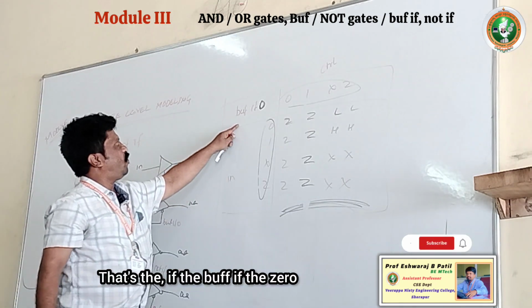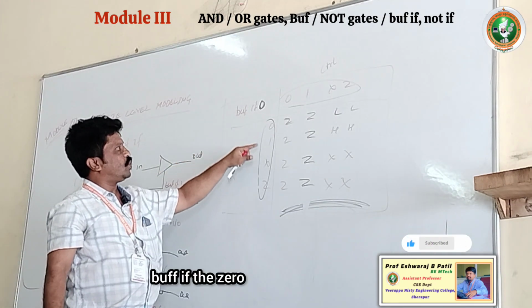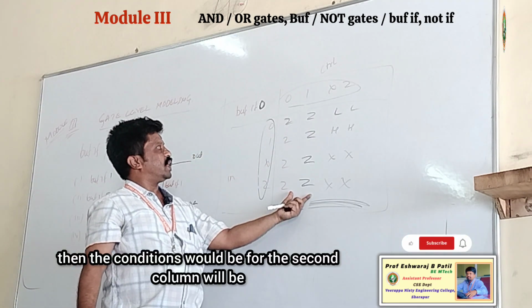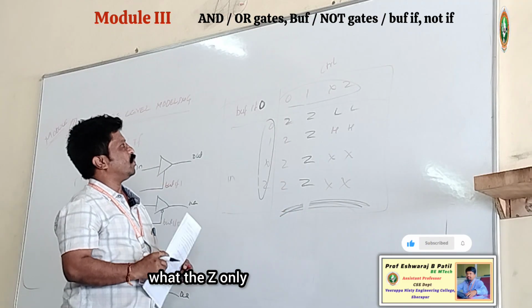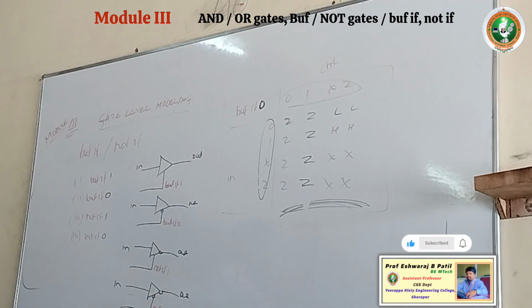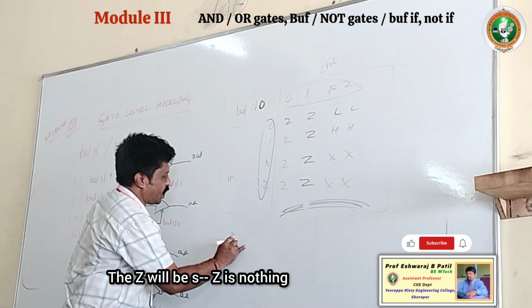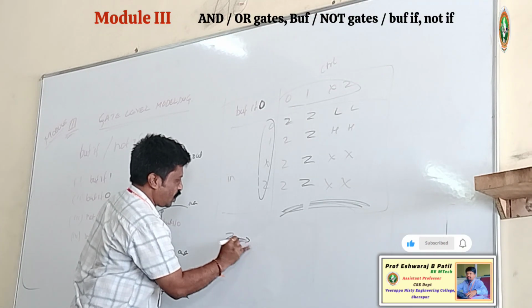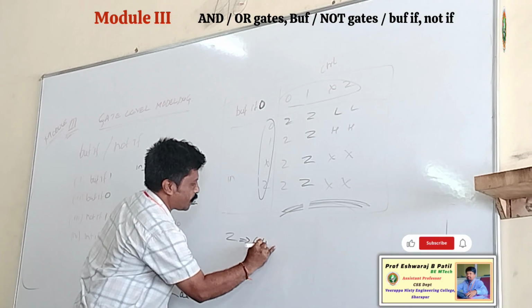If it is bufif0, then the second column will be Z only. Z is what you get if the control signal is not active.